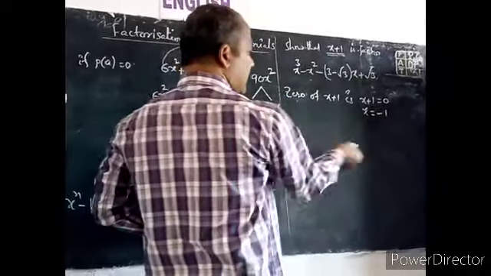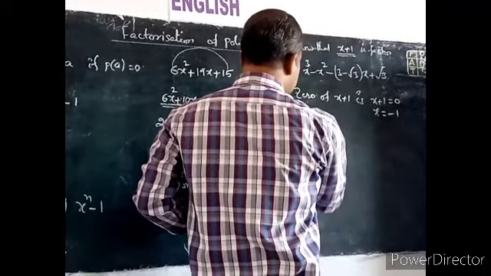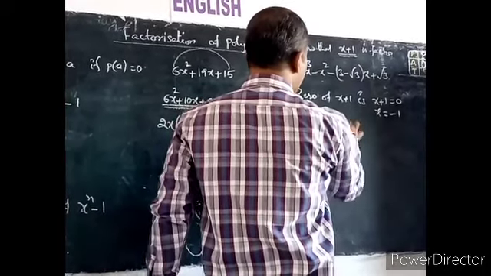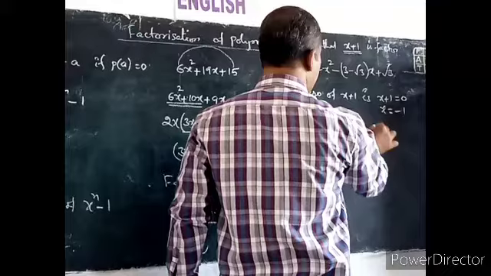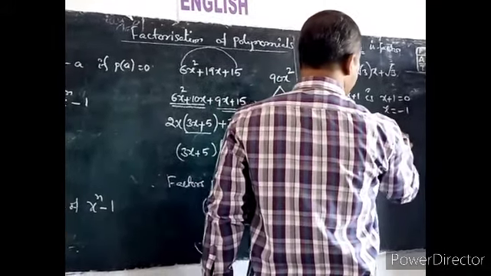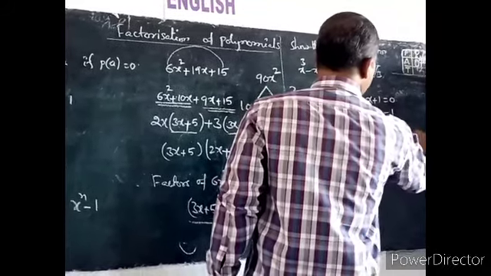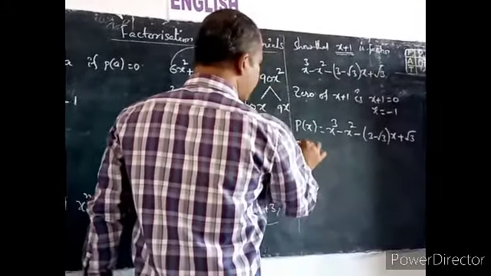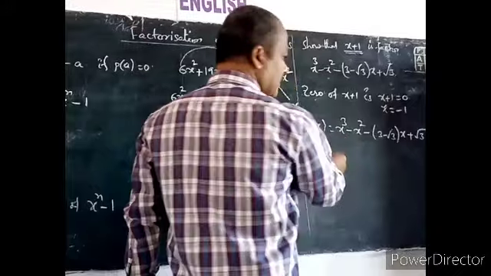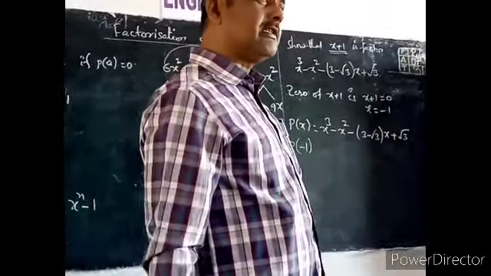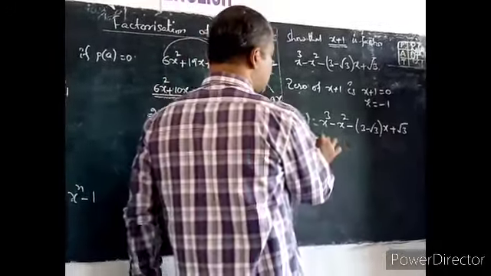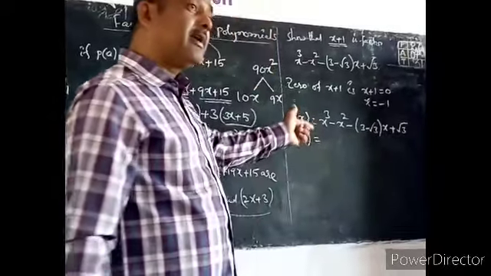Now substitute according to the factor theorem. P of x is what? x cube minus x square minus (3 minus root 3) x plus root 3. Now we have to check P of minus 1. 0 of x plus 1 is minus 1. So we should substitute minus 1 in place of x.